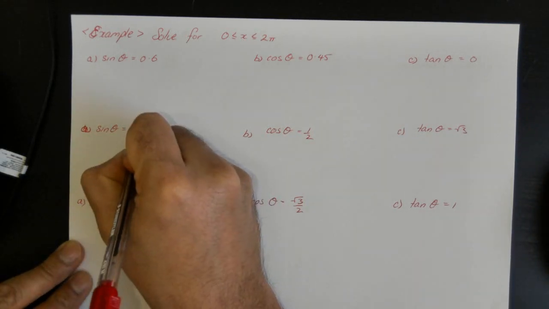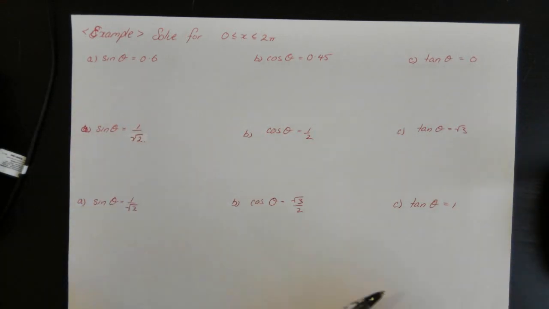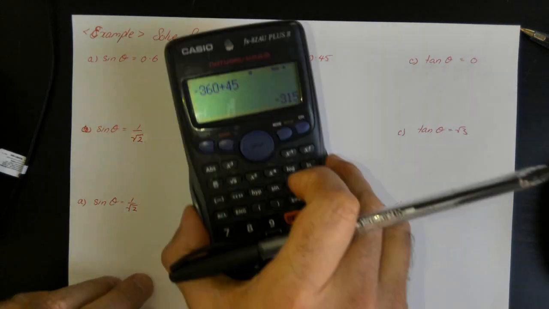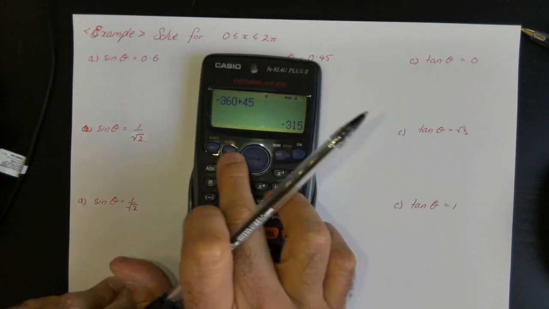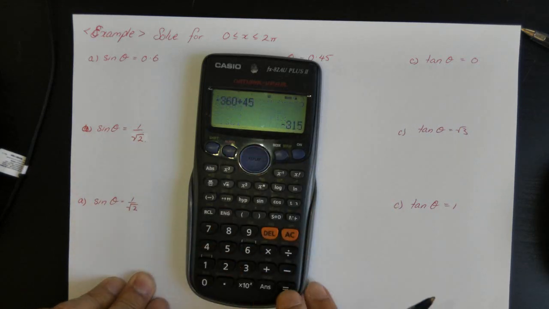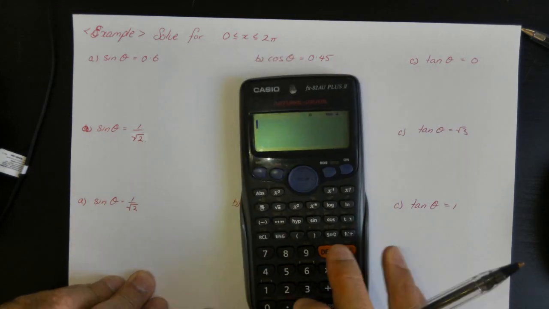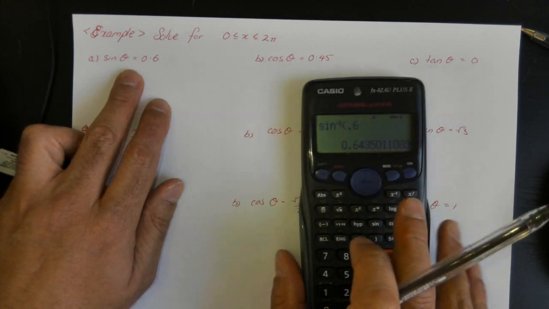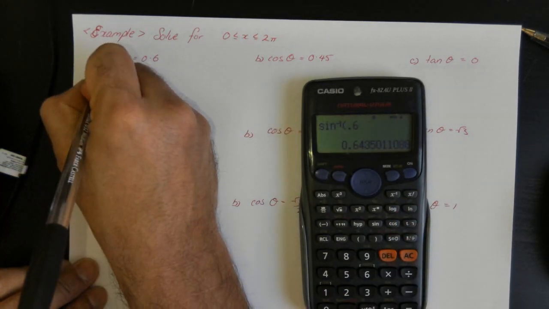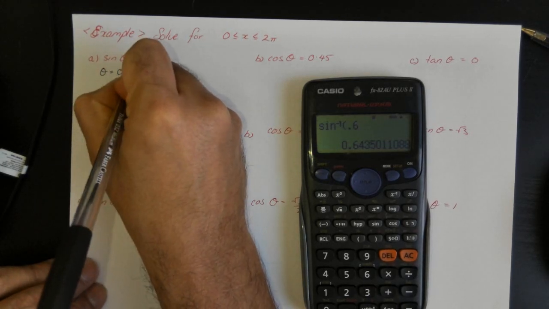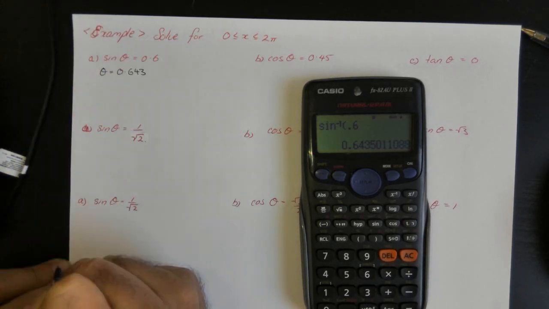Alternatively, we can be asked to find them in radian mode instead. So you need to make sure that you flip over to radians, so you do that by doing shift mode 4 for radians. So if I did shift sine of 0.6, let's do it to 3 decimal places, 0.643, right?